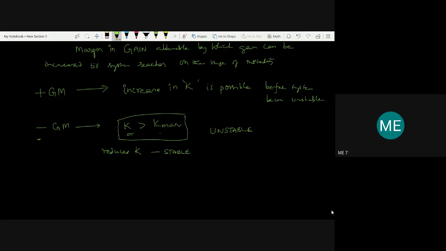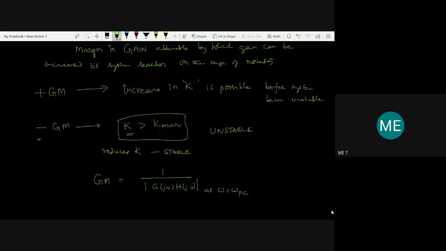So gain margin is defined as gain margin equal to 1 by mod of G(jω)H(jω) at ω equal to ωpc. So gain margin is calculated at the phase crossover frequency.